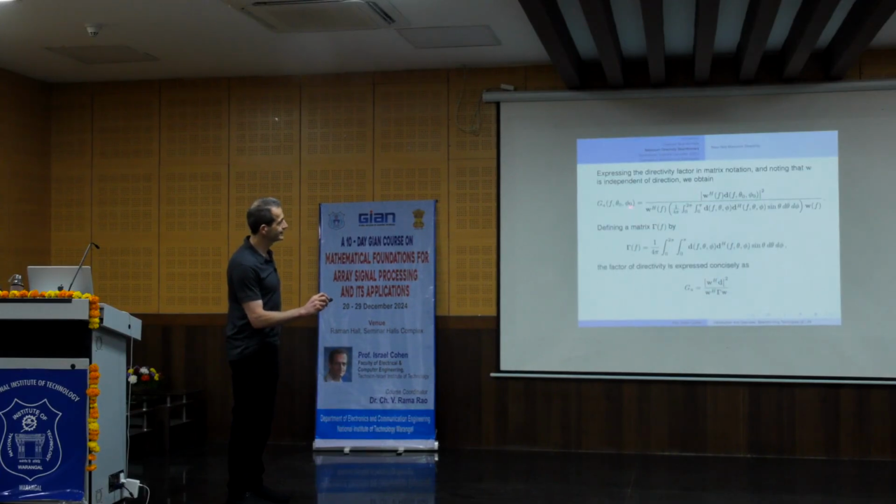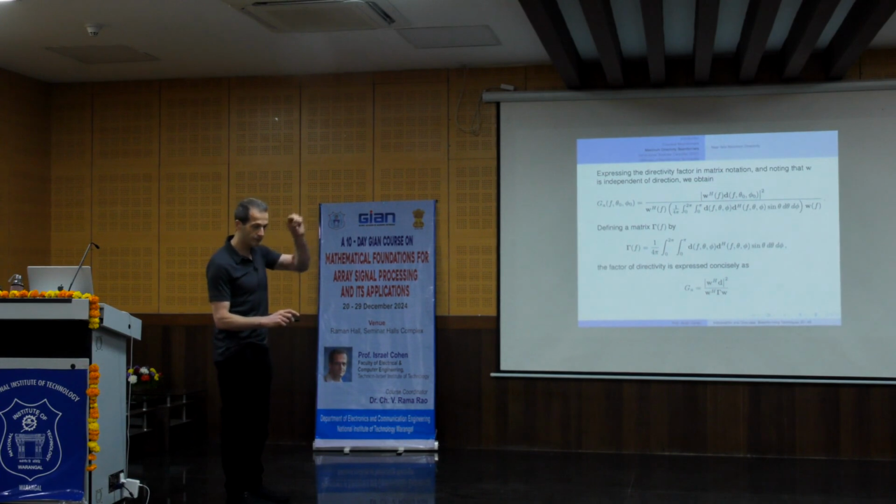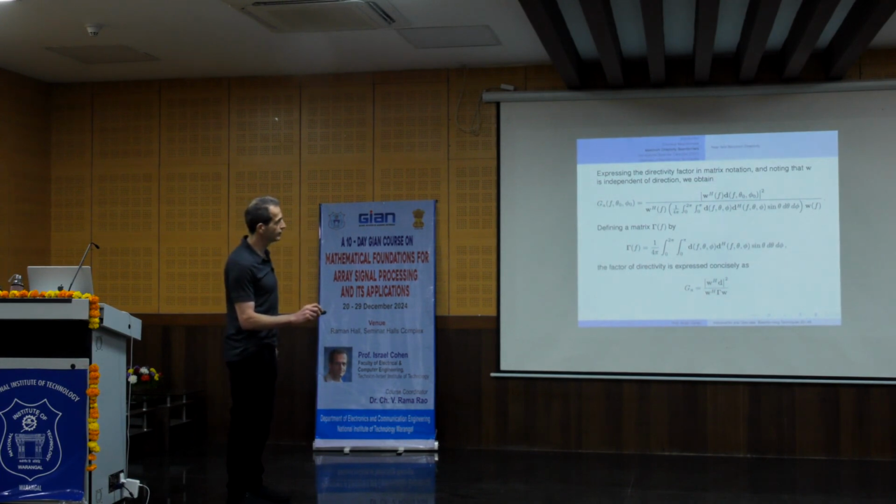So we can write the directivity factor as a function of the directivity pattern using the weight vector that we multiply with each sensor. So we have a weight vector. And also the integral, we can take it out, and the integral over this vector.